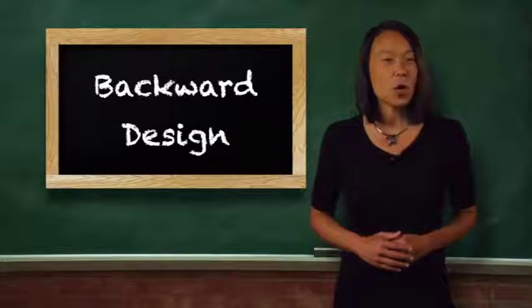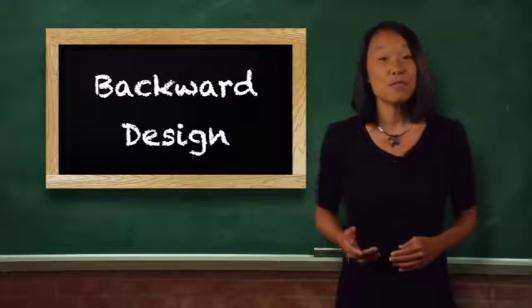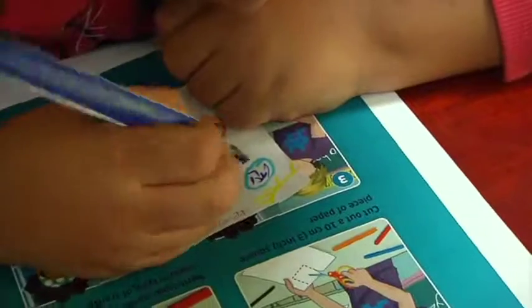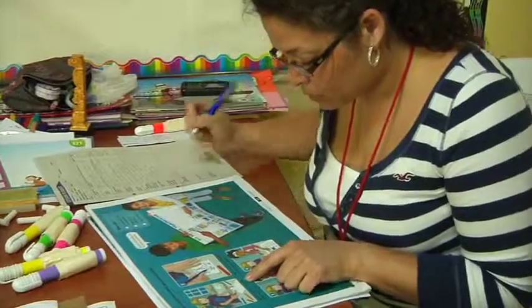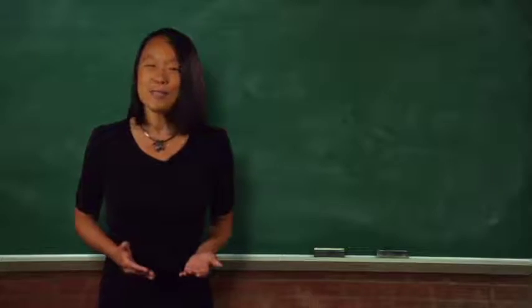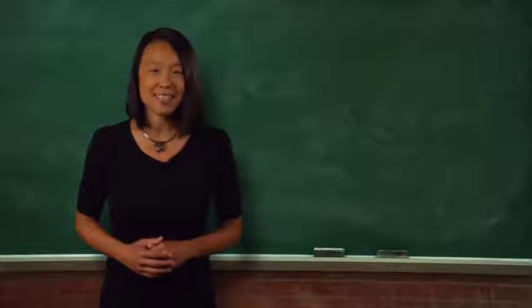This practice is called backward design. This means you start with the desired outcome and then work backwards to design the activities that will ensure students successfully reach those outcomes. Using backward design helps you determine the most effective assessment tasks.